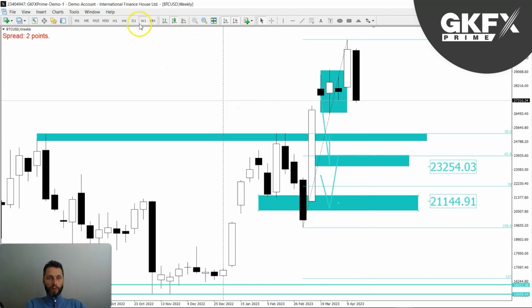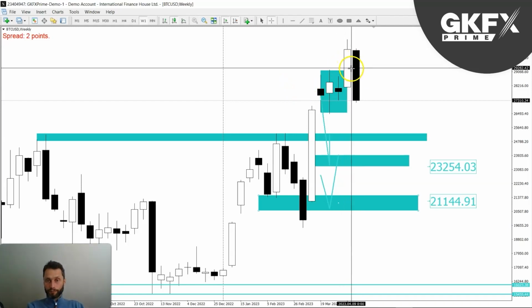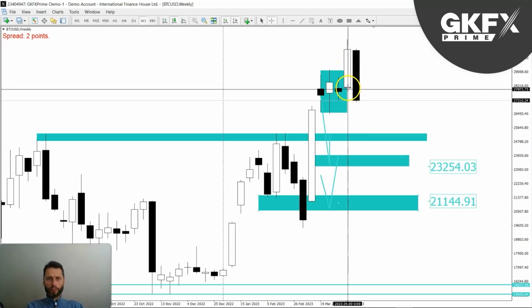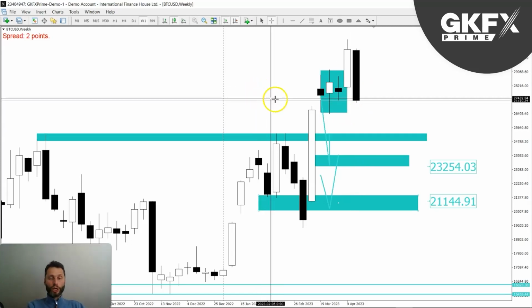That would be what I'll be waiting for, because I still want to jump in with the higher time frame and get in on that move rather than the pullback, which it seems that we're in at the moment. This is not any price action, not any reversal pattern that I can tell. All I can see is that we've broken previous days' structures and we are currently bearish, at least in the short term.